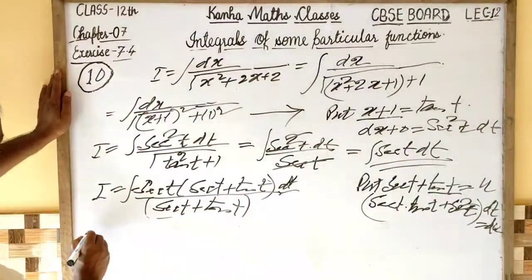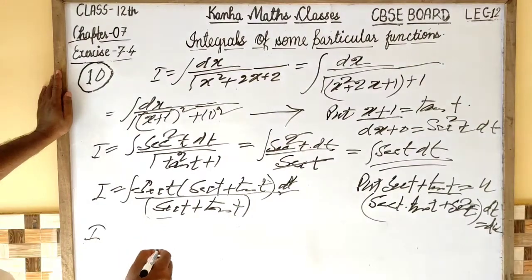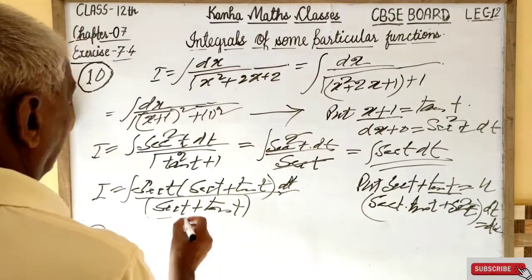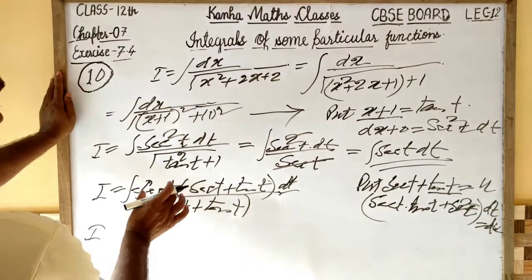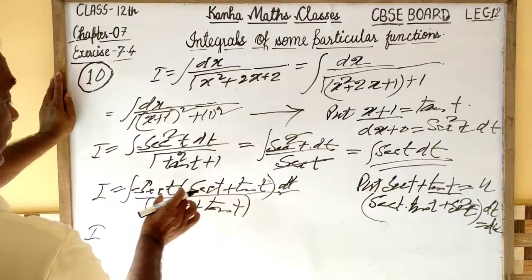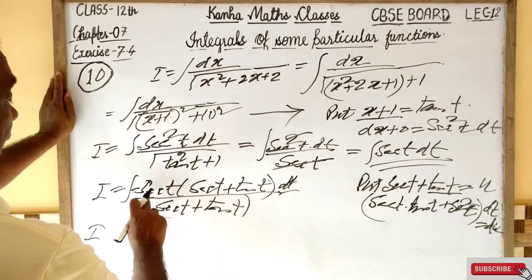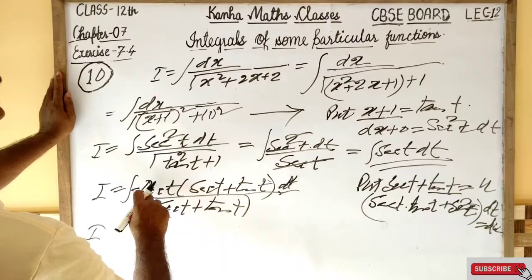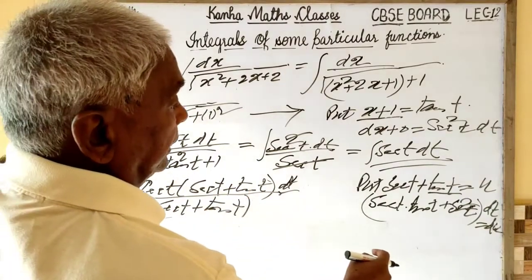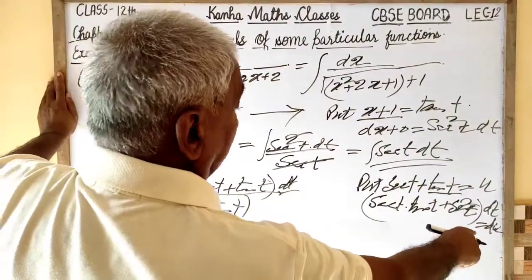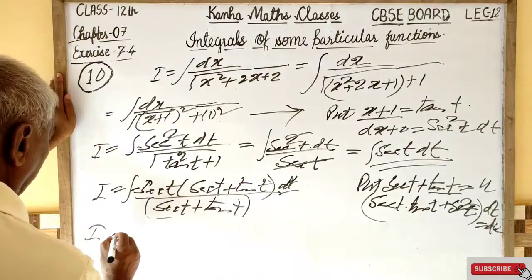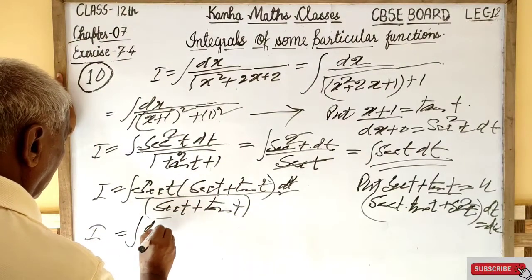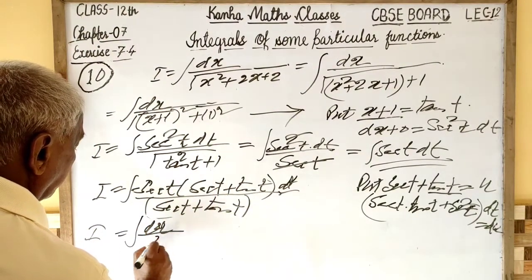Very simply we will have this part of the numerator, sec t into sec t, sec square t, and this multiplication will be equal to sec t tan t, dt will be equal to du. The whole numerator will convert into du, and the denominator will be equal to u.